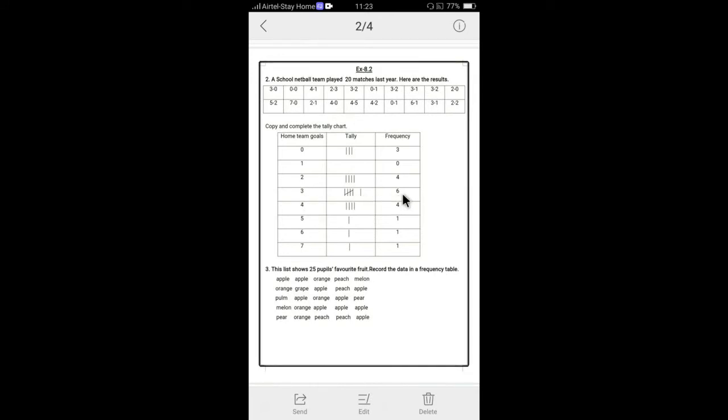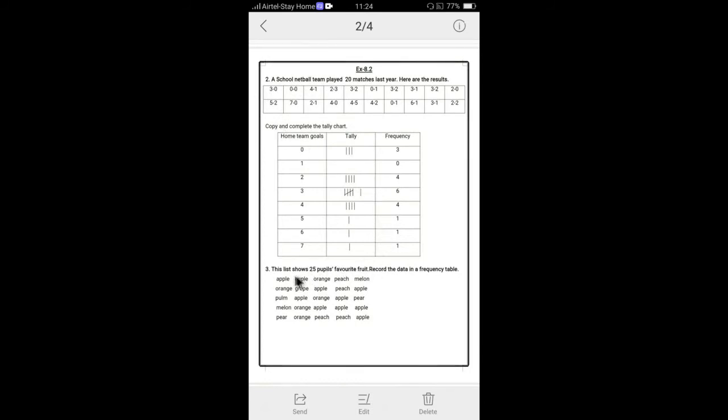Remember that whenever you write the fifth number, after 4, the fifth is crossed like this. This is called the fifth one. And 6 is usually like this, or a single one. Same goes for counting: 4 was that, 5, 1, 6, 1 and 7, 1. In this way we can complete this frequency table, but make sure that you remember this.